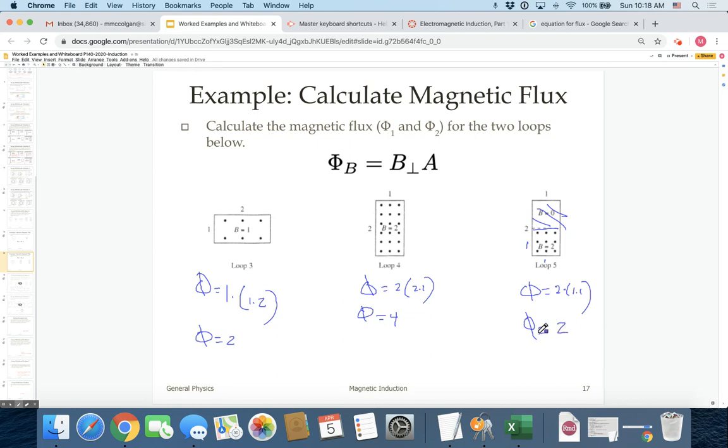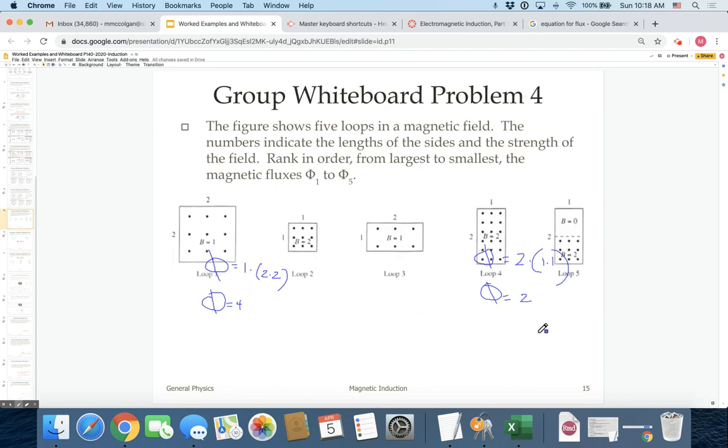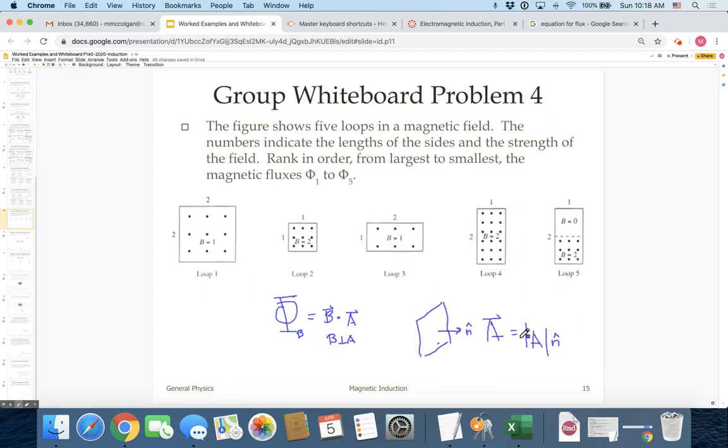So if we go back here, we know that this one, our flux is 4. This one, our flux is 2. This one, our flux is 2. This one, our flux is 4. And this one, our flux is 2.